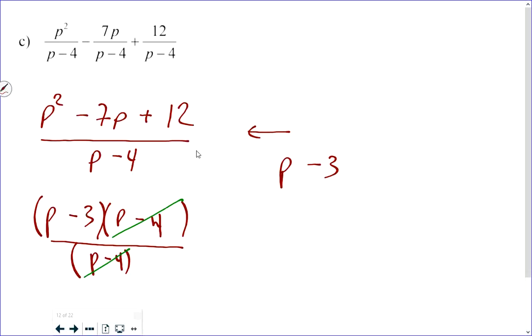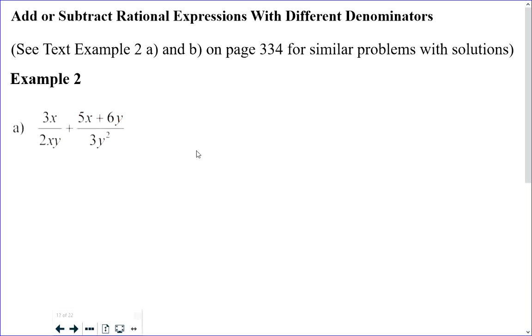Overall, I think that's pretty easy because the denominators were the same. So now, and you'll notice beside example 1, I gave you some direction to other examples that would be similar. I'm doing the same thing here on page 334. There's similar examples to this. These do not have the same denominator.